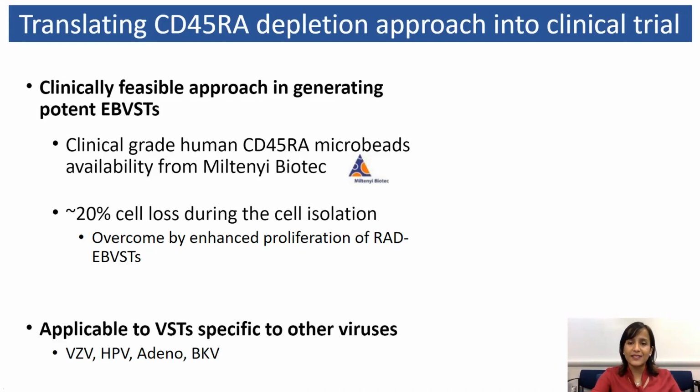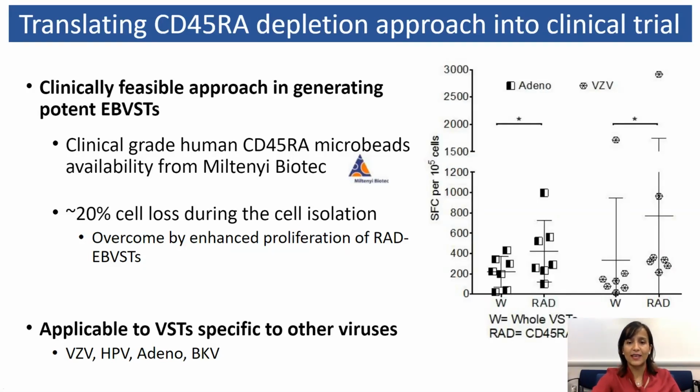And in addition to showing that we were able to generate highly enriched antigen-specific T cells for EBV-specific T cells, CD45RA depletion is also applicable to generating virus-specific T cells specific to other viruses like VZV, HPV, adeno, BKV. And here today, I will just show you an example of us generating virus-specific T cells specific to adeno and VZV.